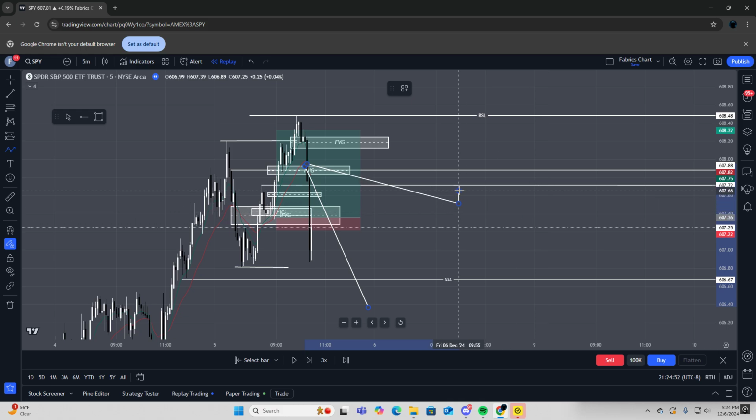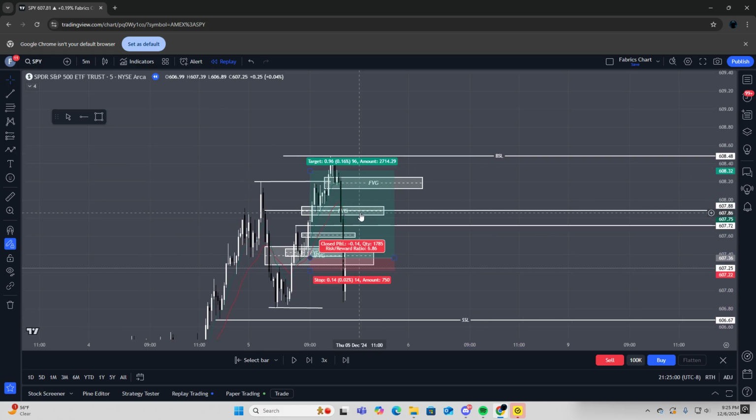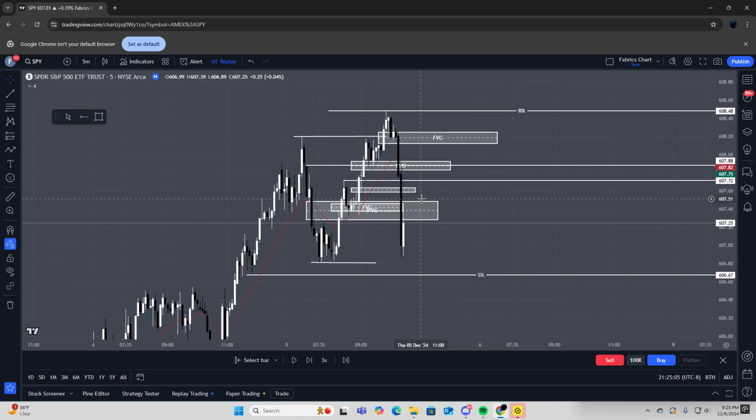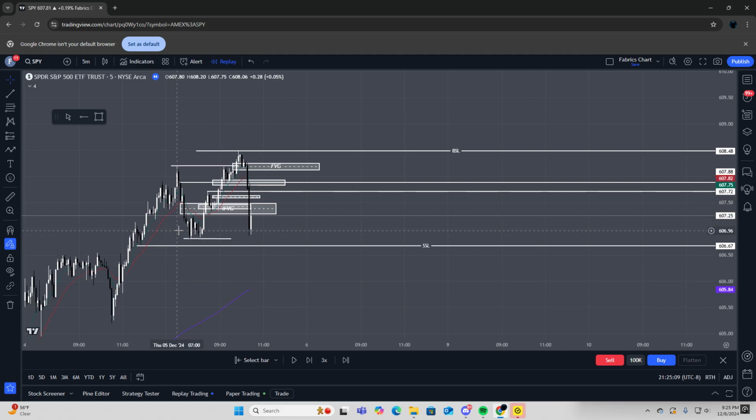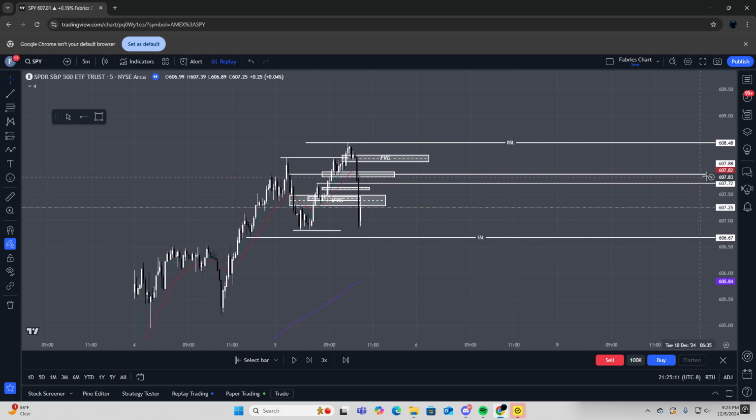And yeah, if you were looking for a bearish setup, you probably would have cut this too to the downside. But yeah, I'm just recapping what I just took.